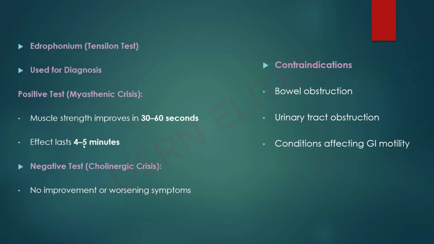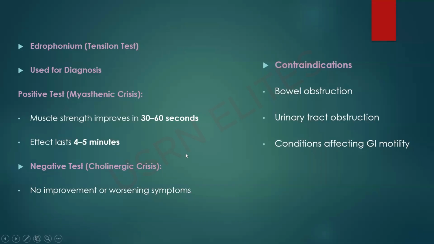You see it improving, and the effect will last for about 4 to 5 minutes. So that is all. If you hear about the tensilin test or hydrophonium test, that's all about it. That means you have a positive test for it.